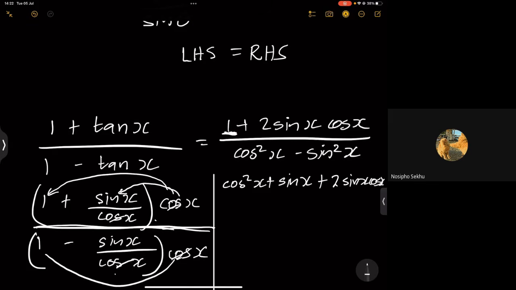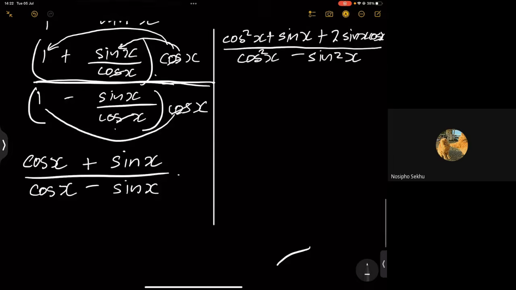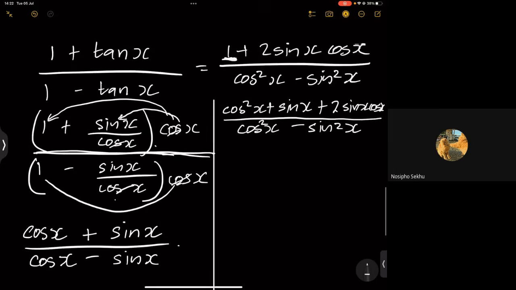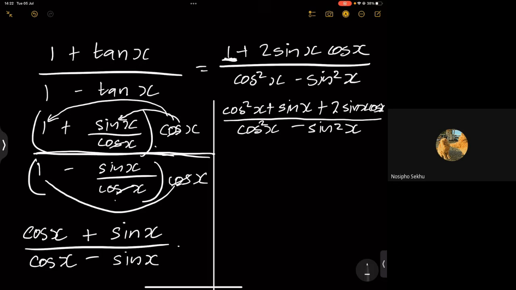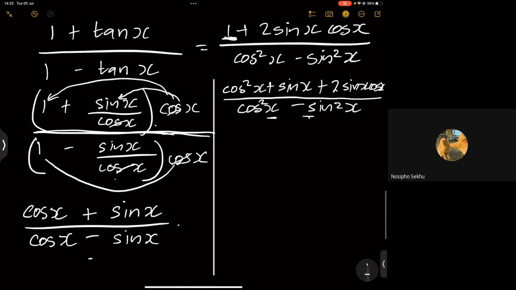Okay? Right. Now, this is divided by cos squared of x minus sine squared of x. I see that I've got a double angle, yeah, it is a double angle identity. But in this case, what I can do is I've got the difference of 2 squares. And that's because I'm looking at the left-hand side.